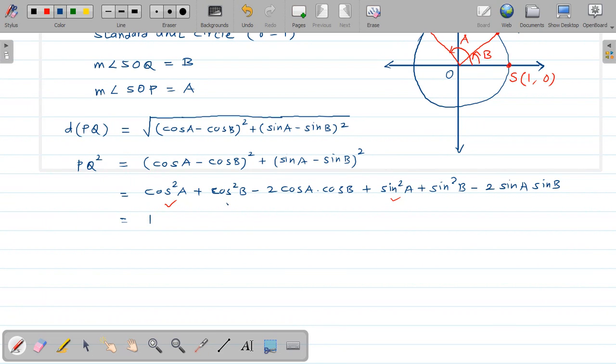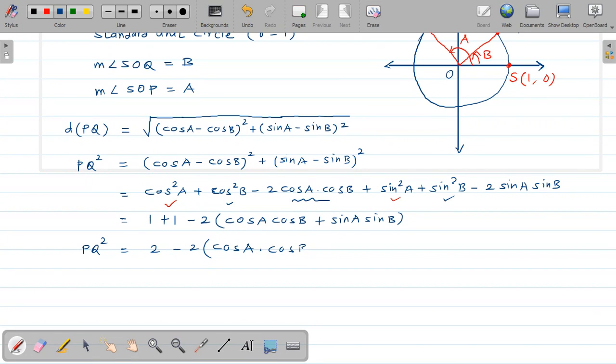Similarly, here there is cos square B and here there is sin square B. So cos square B plus sin square B is also 1 by the fundamental identity, and the remaining terms are minus 2 times cos A cos B and minus 2 times sin A sin B. So you can take minus 2 common and write cos A into cos B plus sin A into sin B. So overall we get this simplification, and that's why PQ square is equal to 2 minus 2 into bracket cos A into cos B plus sin A into sin B. Say this is equation number 1.